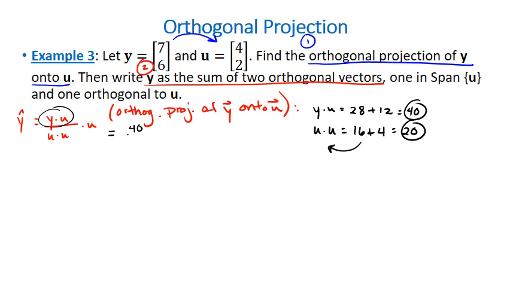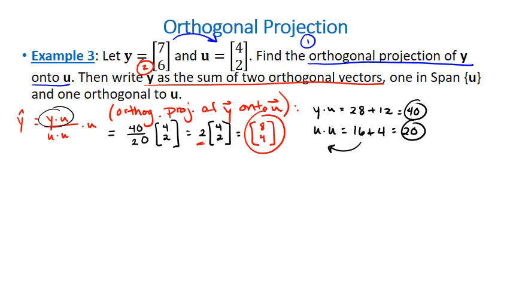I will have 40 divided by 20 times u. This is the same thing we did previously. So times vector 4, 2. This gives me 2 times this vector. And remember, all this is a scalar. So I'm going to take 2 times 4, 2 and end up with this vector here. This here is the orthogonal projection of y onto u.